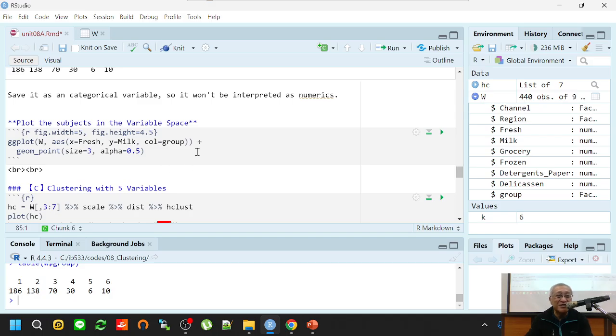And the second thing is that we have the group, right? So using ggplot, we can do a scatter plot.